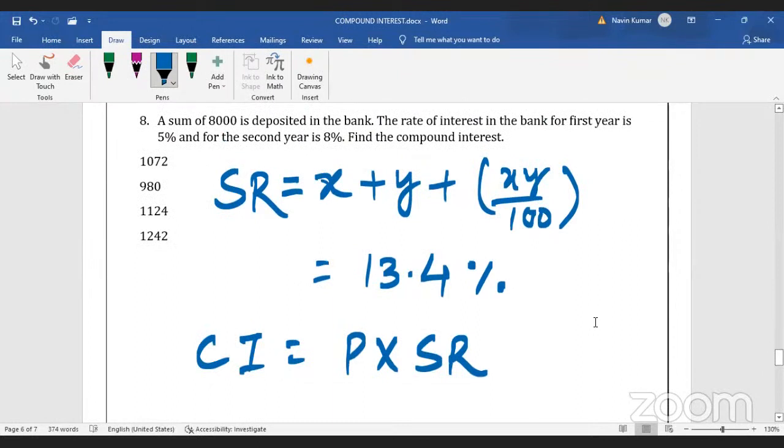What is principal? 8,000. 8,000 को 13.4% से multiply कीजिए, you will get the answer.